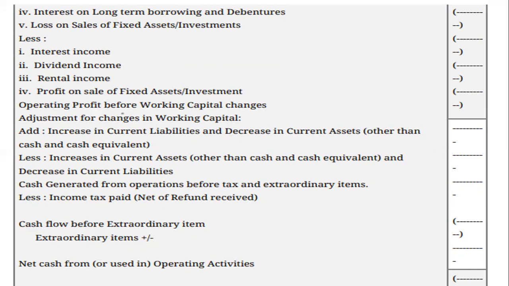In that, you are going to deduct income tax paid. The actual amount paid during the year is to be calculated. Cash flow before extraordinary item.